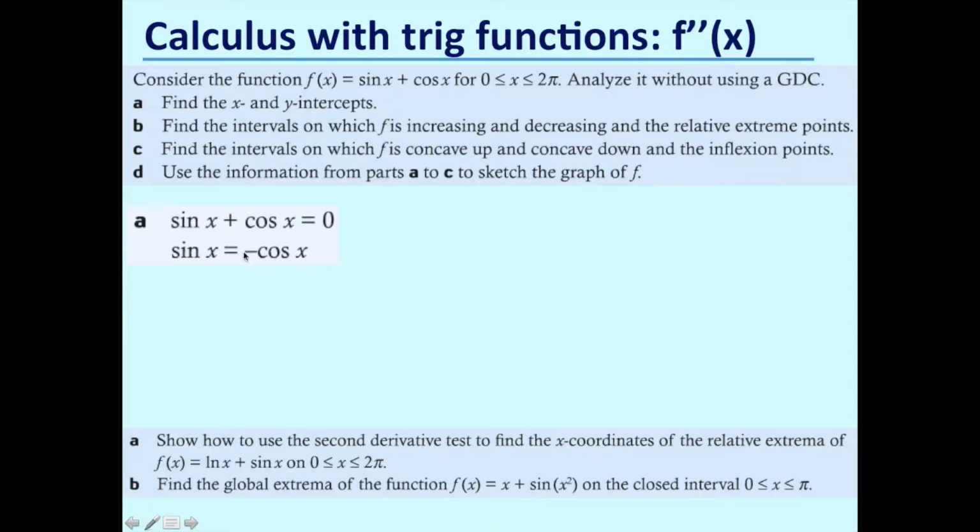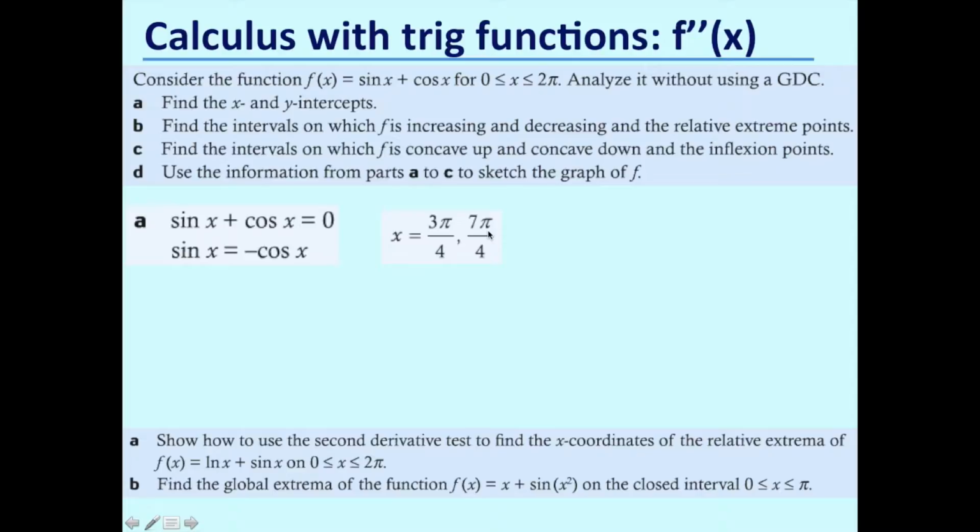So we know that they will have the same value at 45 degrees or pi by 4, but the sign is different. So it'll actually end up in the second quadrant being 3 pi by 4, or in the fourth quadrant 7 pi by 4.